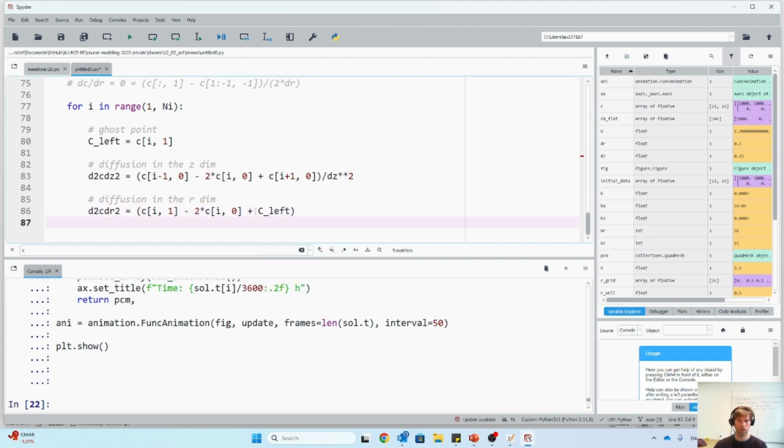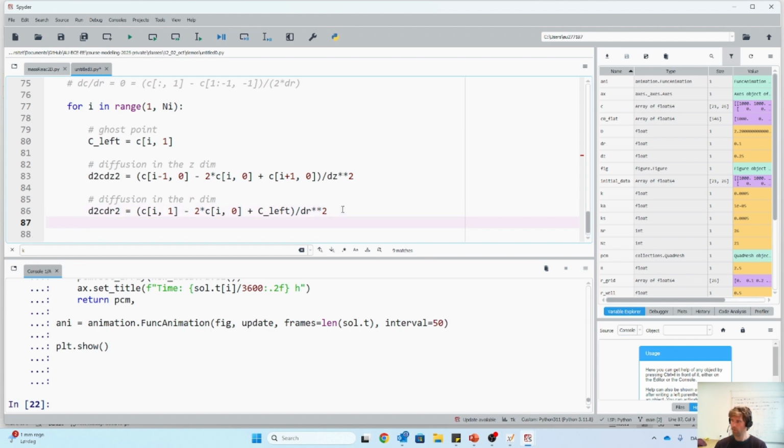So normally in this position we would have index ci minus 1, but minus 1 is outside of our domain, and we have made this ghost point to substitute it, and that is ci point 1. So it's actually two of these, but I will not write it out like that now. And divide it by the space step size squared.